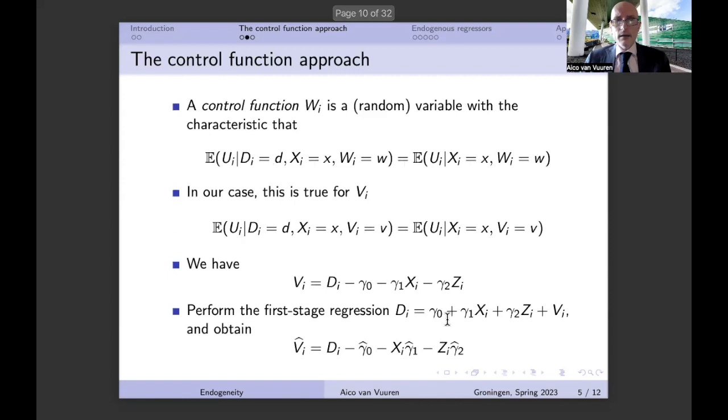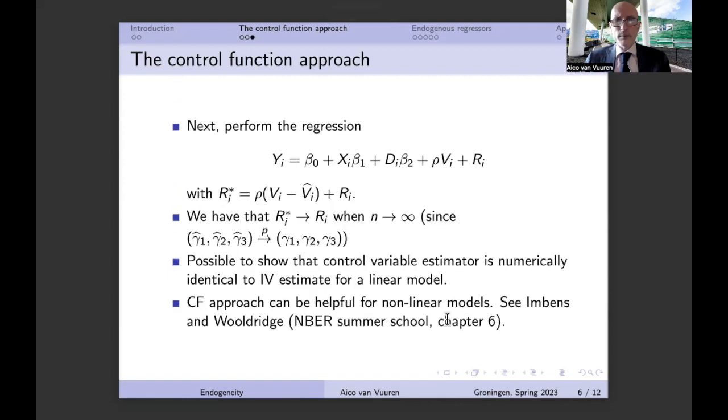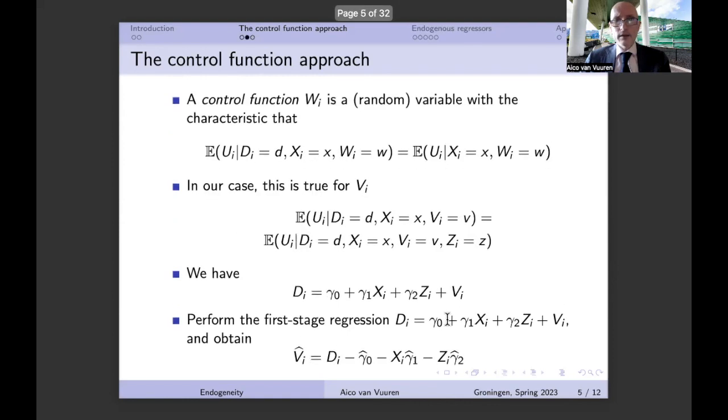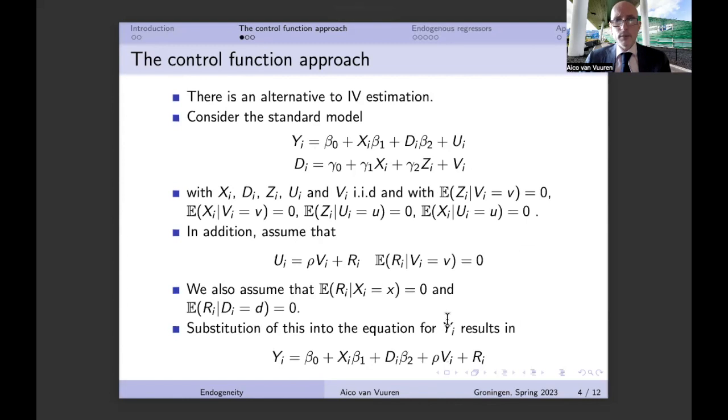Before I go back to the model that we had before, I would like to say one final thing about the control function approach in comparison to IV. We should realize that the control function approach and IV are almost opposing approaches to take endogeneity into account.